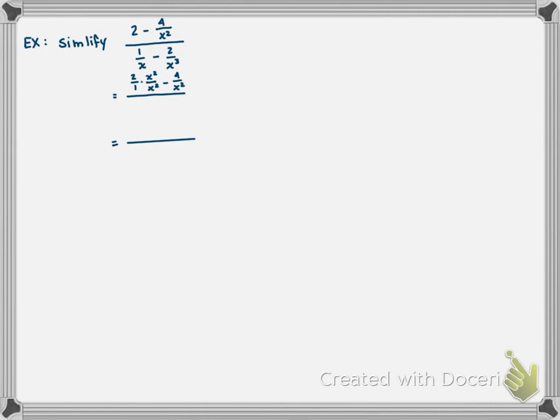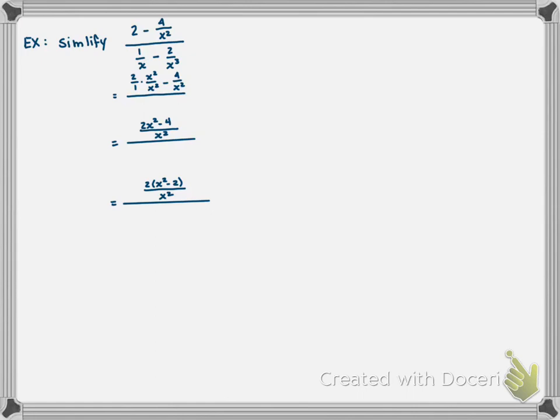So this was 2x squared minus 4 over x squared. And we factored, and we had 2 times x squared minus 2 over x squared. So that's exactly what we just did.